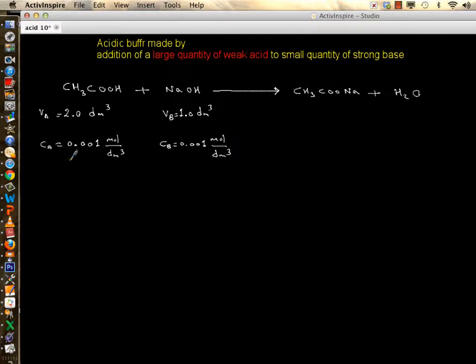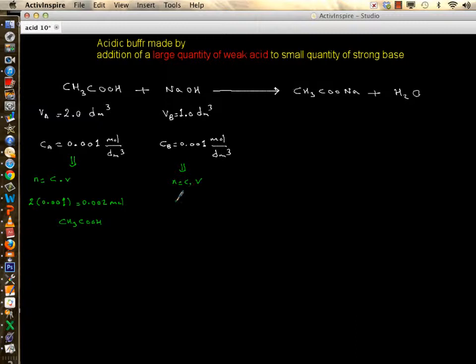What happens? So the first thing I'm going to do is find the moles of this solution, which is concentration times volume. In the case of your acid, you have 2 multiplied by 0.001, which is simply 0.002 moles of CH3COOH.